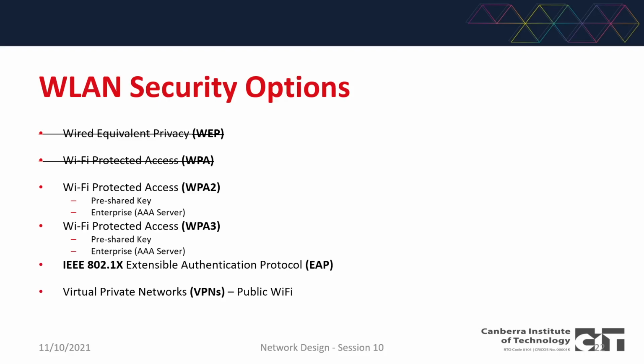Now, if you do have to use public Wi-Fi, please make sure you have a VPN, okay? The VPN is basically going to guarantee all the traffic coming in and out of your device is encrypted, okay? So even if there's someone on the public Wi-Fi intercepting your traffic, they will not be able to make sense of the traffic that you're sending.